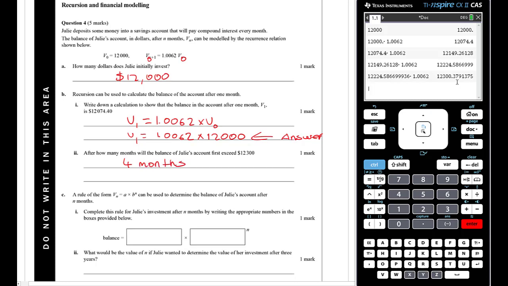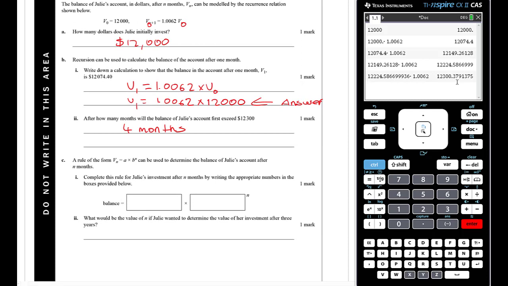All right. A rule of the form Vn equals A times Bn can be used to determine the balance of Julie's account after n months. What we had up here was the recurrence, so you have to do it like I did on the calculator, each step.